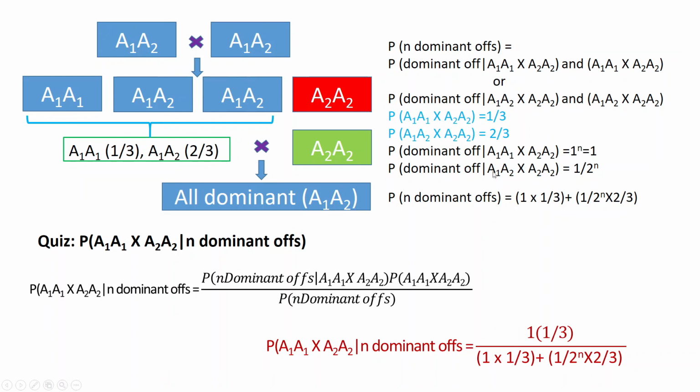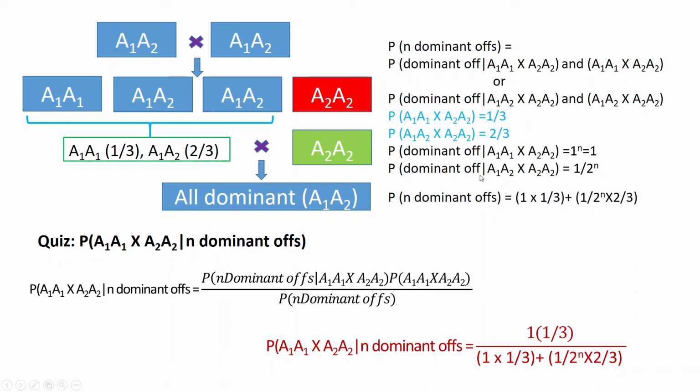The probability of dominant offspring given that an A1, A2 and A2, A2 cross has occurred is a half raised to n offspring, because we are certain that this parent is going to be there. If the other parent is this, then half the offspring are going to be dominant and half recessive.